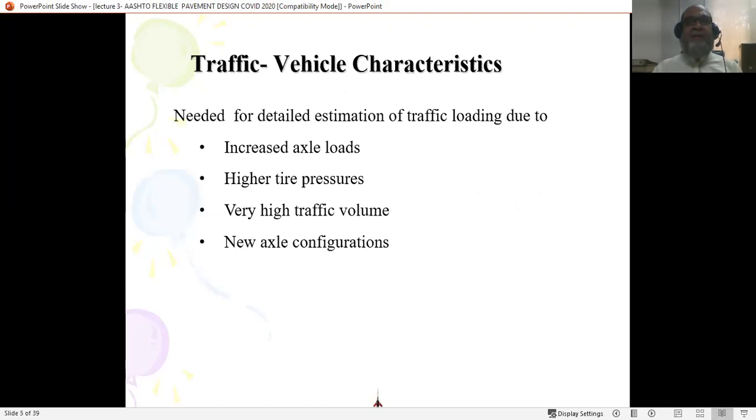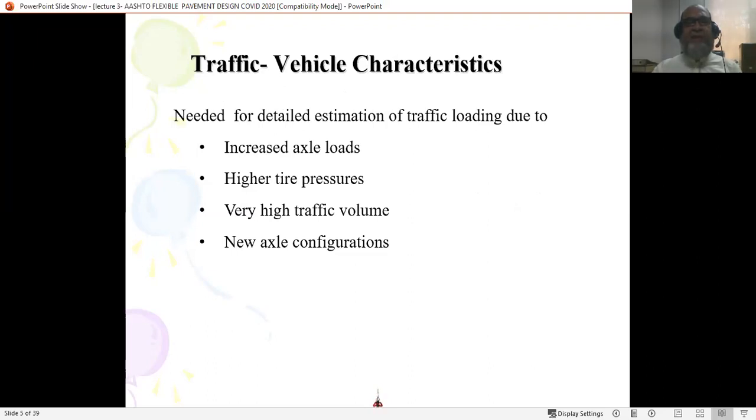Now, what is needed to be estimated? Increased axle loads, higher tire pressures, very high traffic volume. Traffic volume means number of vehicles, and the new axle configurations.